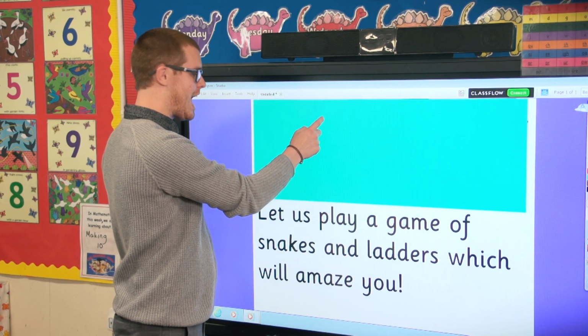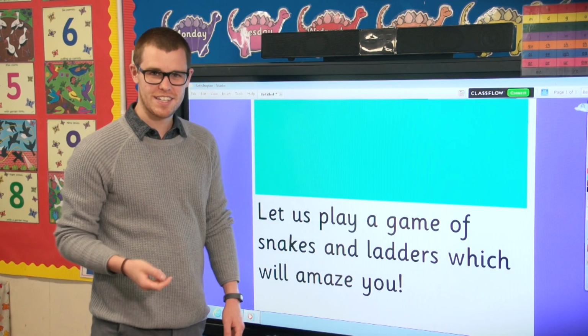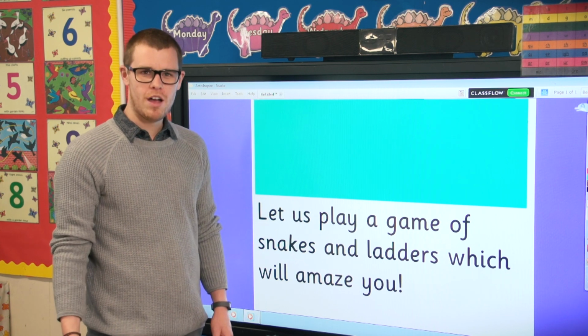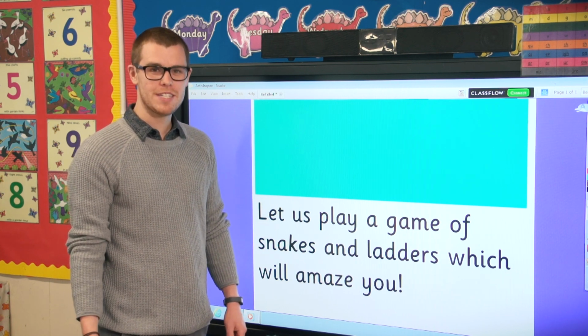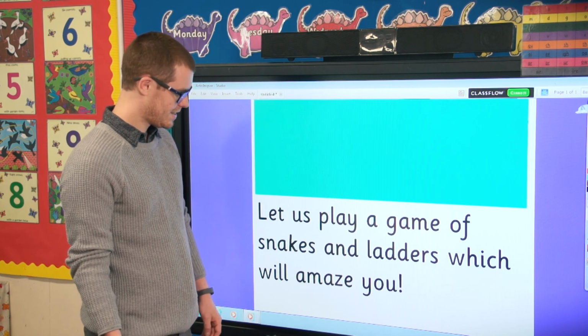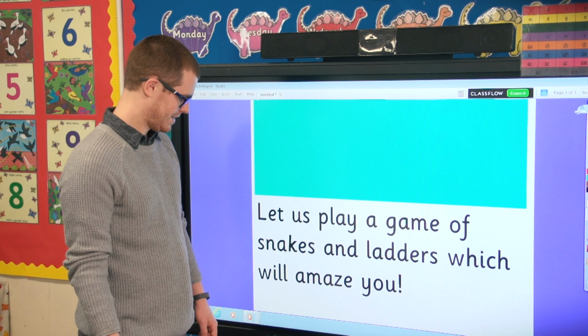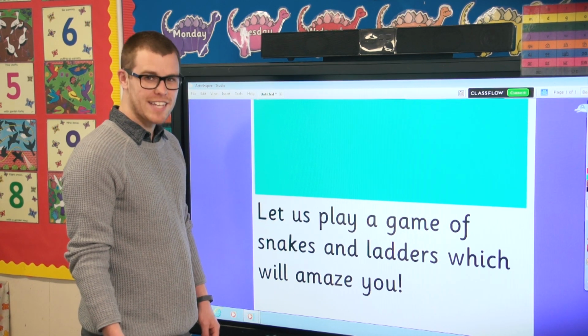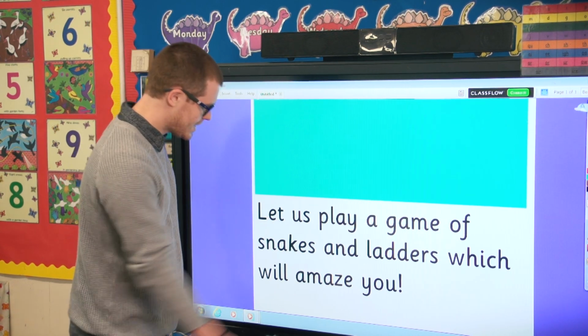Here is our next sentence. Can you see the words with graphemes that make the sound A? Yes, there are 4 words.